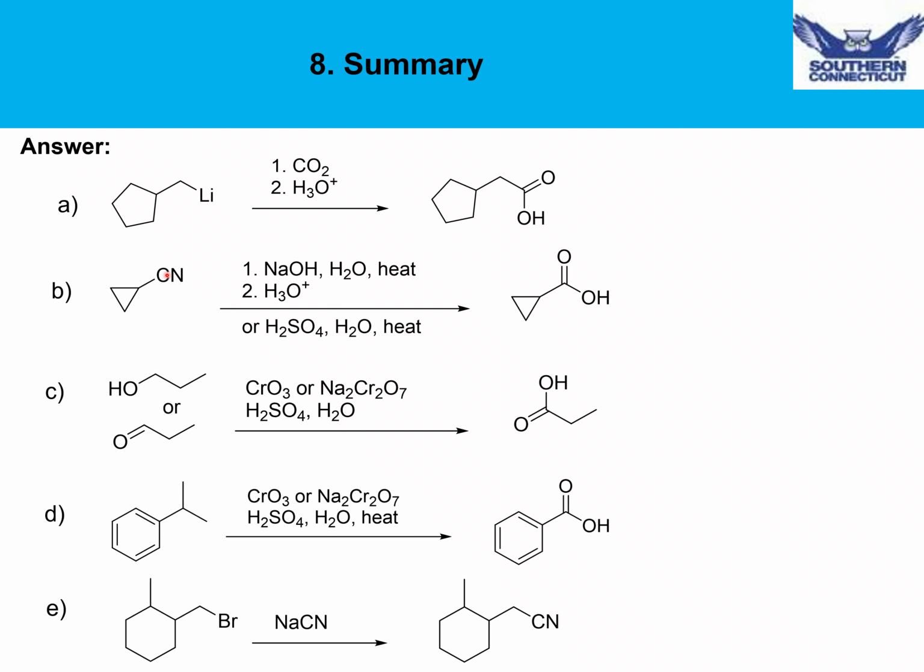If we take a nitrile and we add sodium hydroxide, water, and heat, we will hydrolyze this nitrile into the conjugate base of a carboxylic acid. So that means this product here, minus the hydrogen with a negative charge on the oxygen, will be produced. This results from the fact that the reaction is done under basic conditions. If we add aqueous acid, the conjugate base of this compound will be converted into the carboxylic acid you see here.